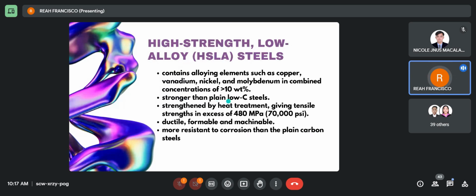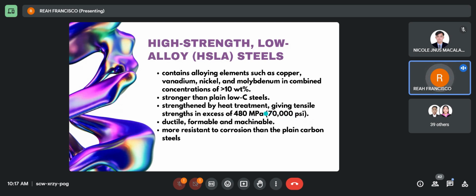So, compared po dun sa plain low carbon steels, high strength low alloy steels is stronger than the low carbon steels. And it is strengthened by heat treatment, giving tensile strengths in excess of 480 MPa or 70,000 psi.